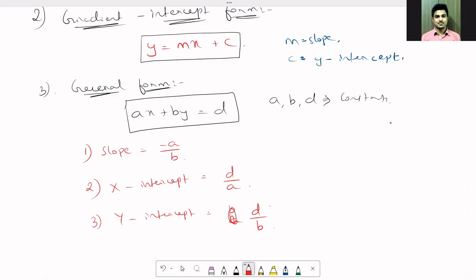If I have been given an equation that looks like ax plus by is equal to d, I can say that the slope will be minus a upon b, where a is the coefficient of x and b is the coefficient of y. The x-intercept can be found when you put the value of y equal to 0. So if in this equation we put y equal to 0, the x-intercept will be d upon a. And similarly, for the y-intercept, we will put x equal to 0. So that will give me d upon b. So these are the three things we can derive from this part.